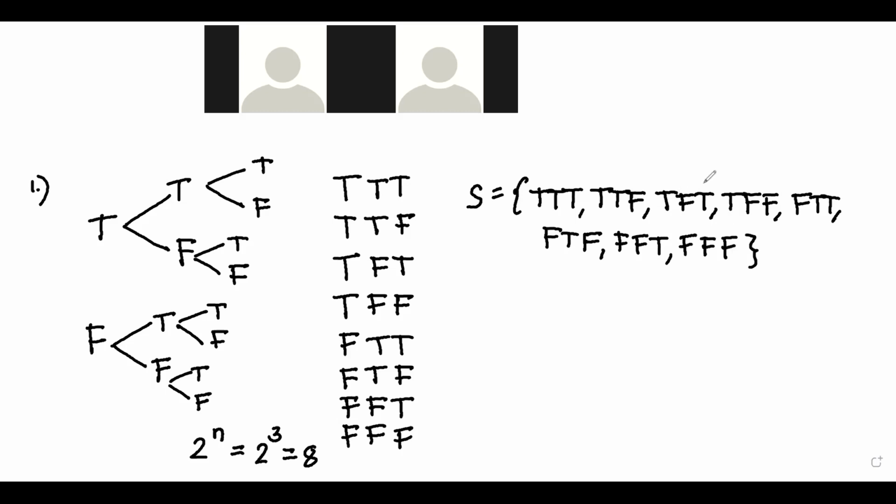We have 8: 1, 2, 3, 4, 5, 6, 7, 8. Okay, that's the total number of outcomes. Next, letter B.